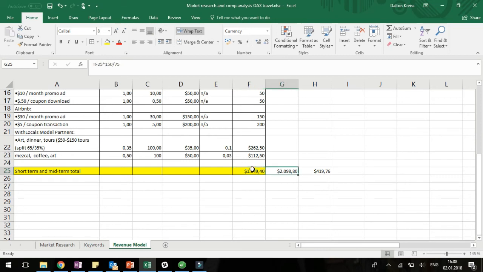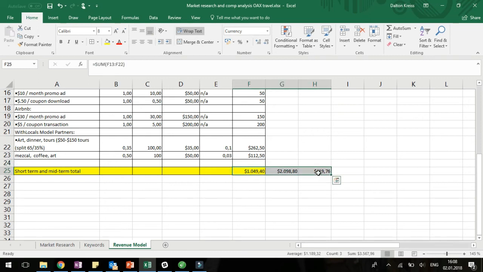I'll make $2,000 if everything goes really well for me. And if things really don't go well and I'm not able to establish some of the demand and revenue streams that I would like, I'm probably going to only make about $400 a month from all this effort.